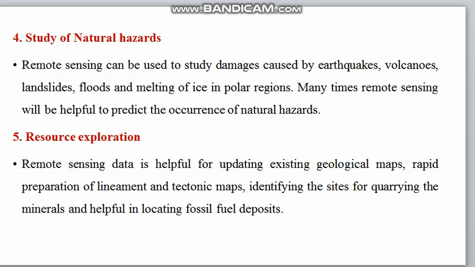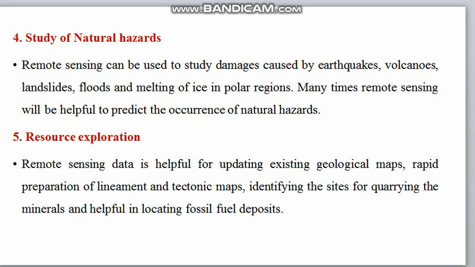Then resource exploration. Remote sensing data is useful for updating extensive geographical maps, rapid preparation of alignment and tectonic maps, identifying sites for quarrying minerals, and helpful in locating fossils and fossil fuel deposits.